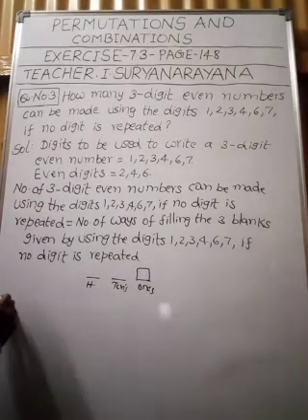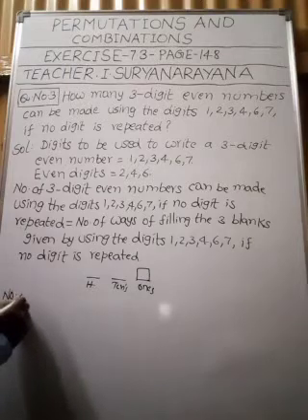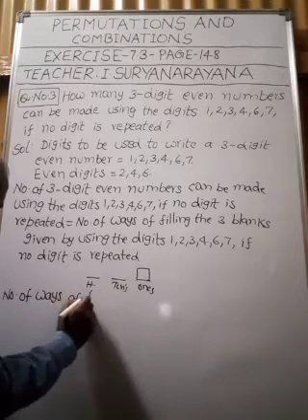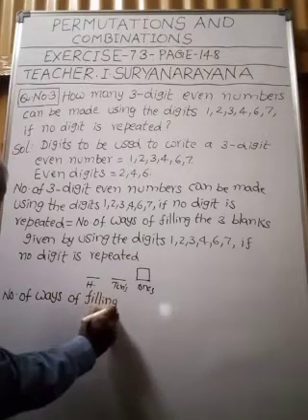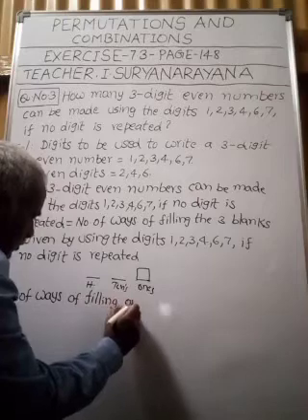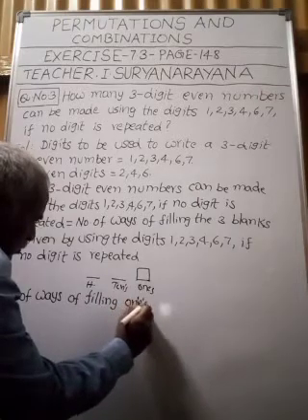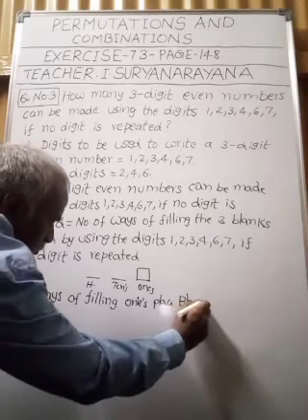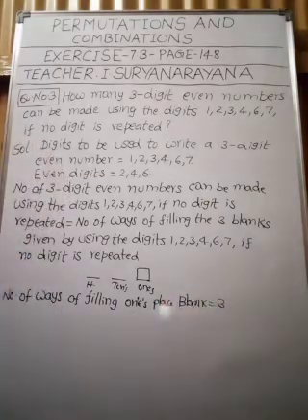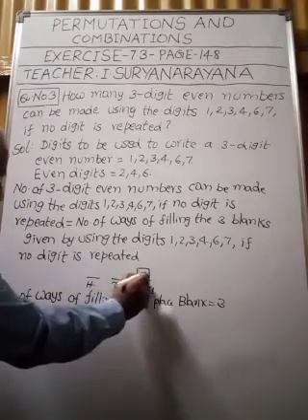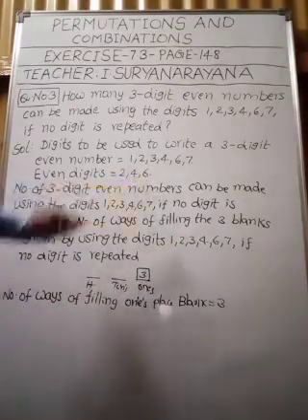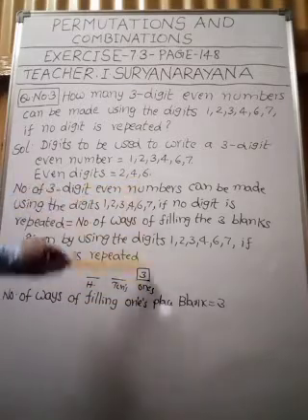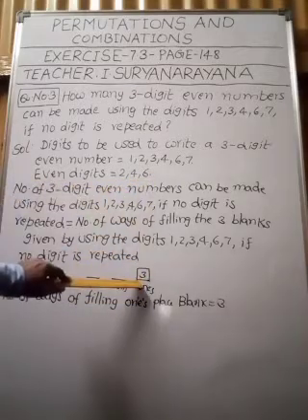So number of ways of filling ones place: three ways. By any one of these 3 digits we can fill. Either 2 or 4 or 6 we can write here.